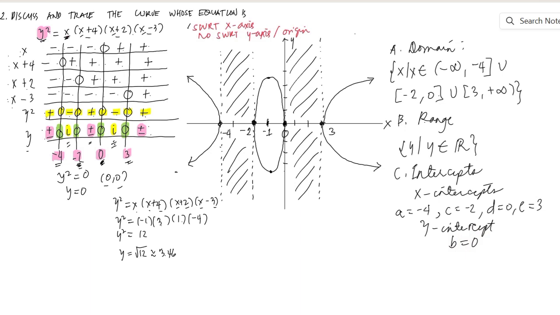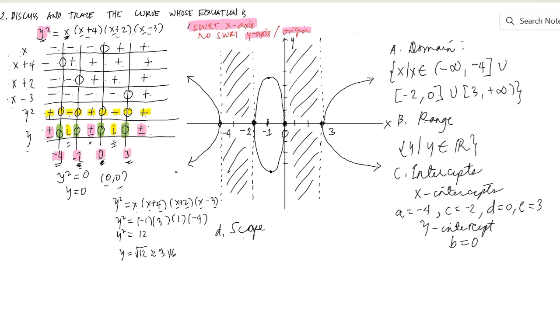For the symmetry, as we can see by inspection, we only have our symmetry on the x-axis. Whatever is our graph below, that is also our graph above the x-axis. And there is no symmetry with respect to the y-axis and the origin.